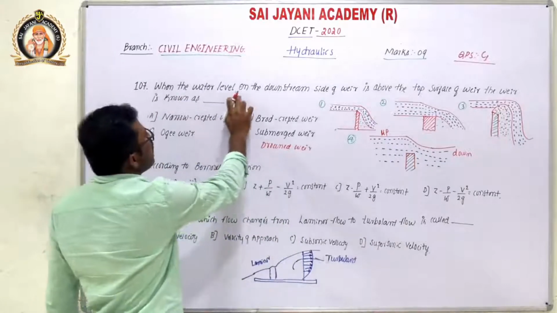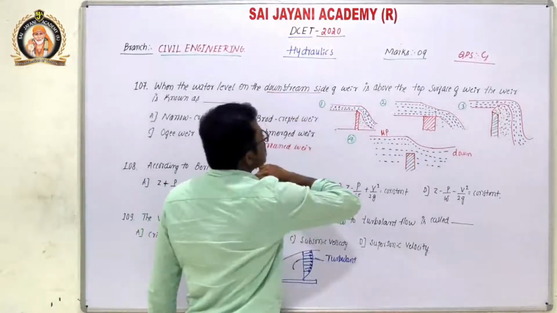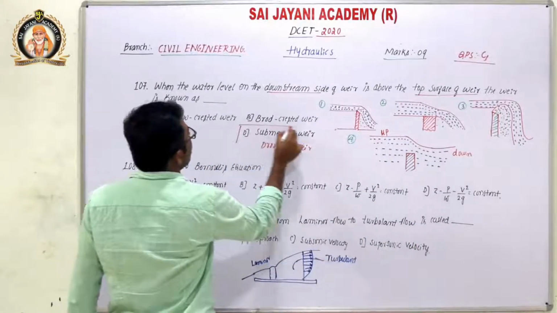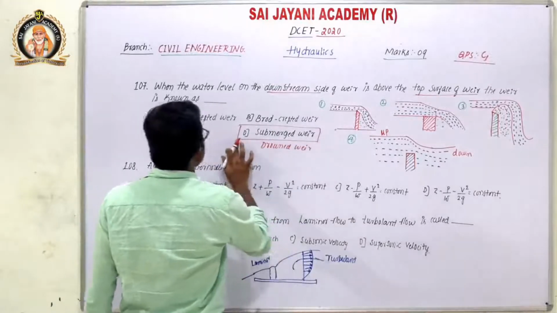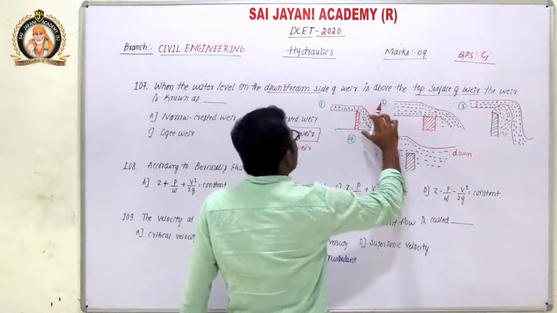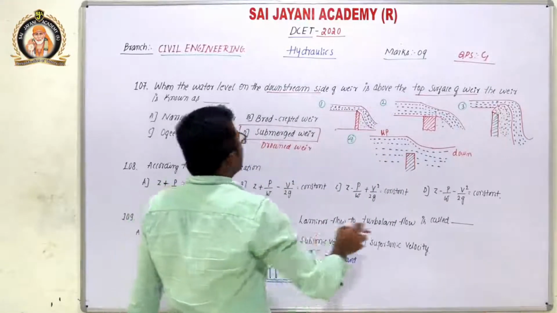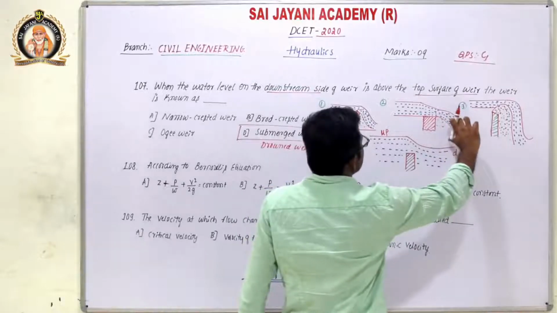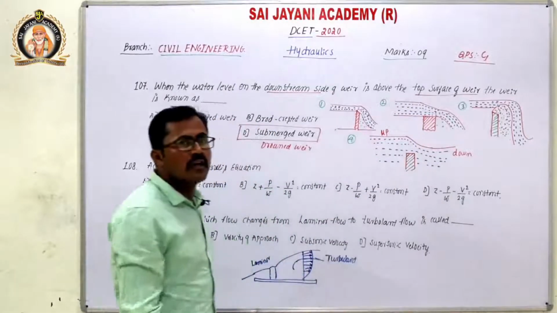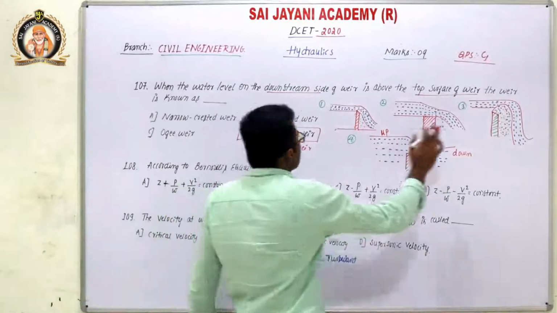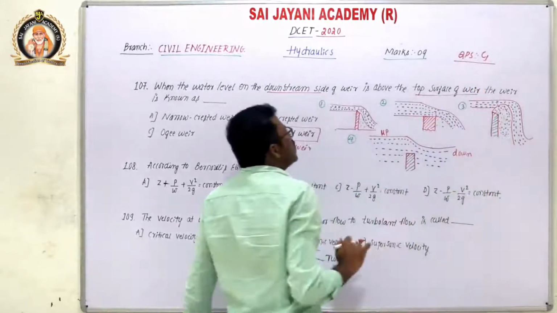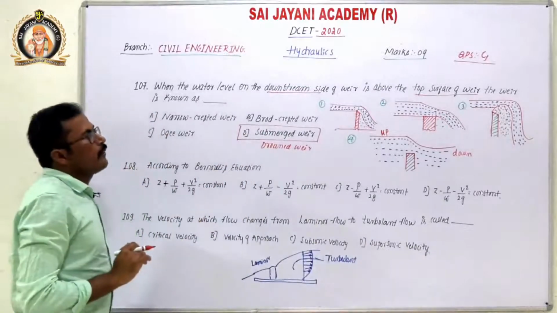So when the water level on the downstream side is above the top surface of the weir, then the weir is known as submerged weir. So option D is the right answer. In case of narrow crested weir, the downstream water is not above the surface of the crest. In case of broad crested weir also, and in case of ogee weir also, the downstream water is not above the top surface of the weir.